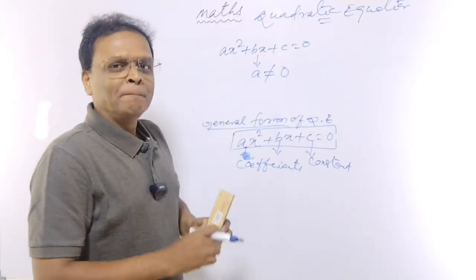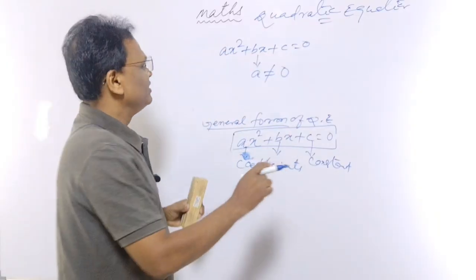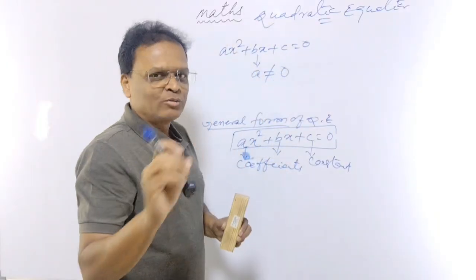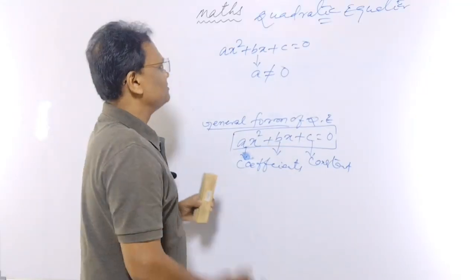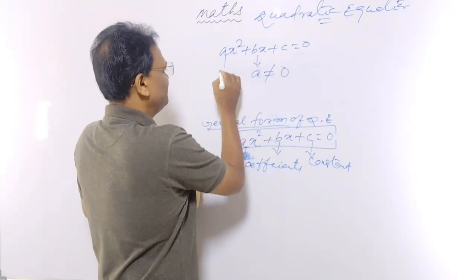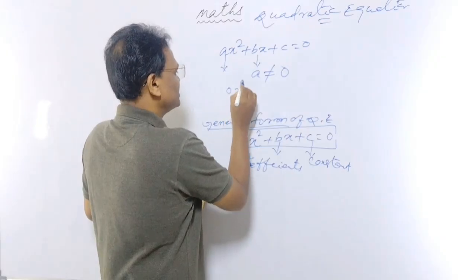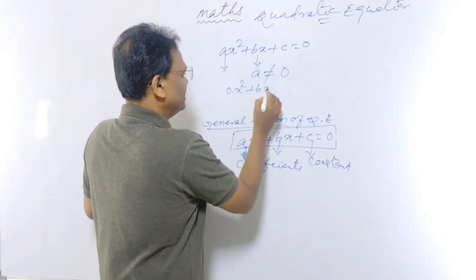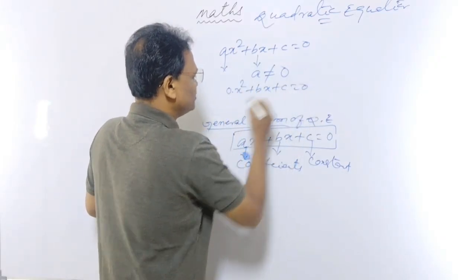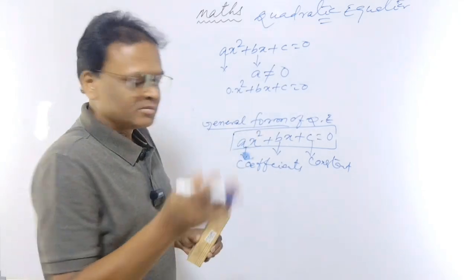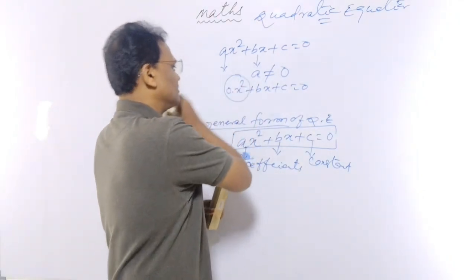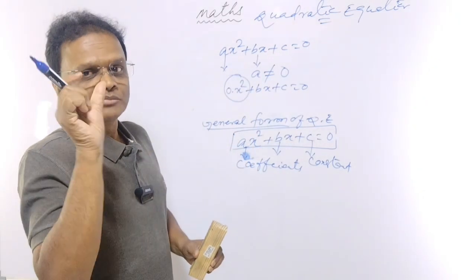Why? Because if a becomes 0, this entire quadratic equation becomes a linear equation. Look at it. If I write a equals 0, it becomes 0 times x square plus bx plus c equals 0. 0 multiplied by anything becomes 0, so this entire term becomes 0.